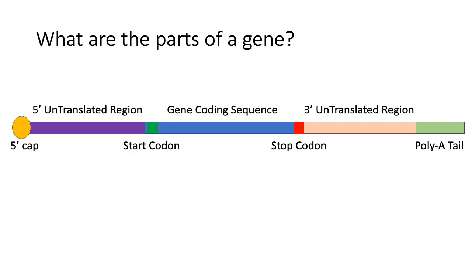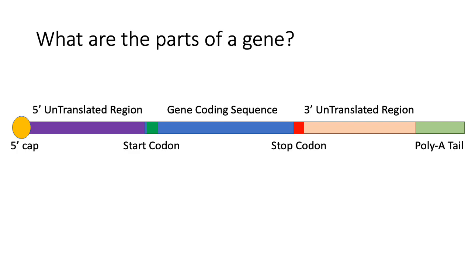And of course, hopefully you see that the 5' untranslated region is called that because it is to the 5' side of the coding sequence. And the 3' untranslated region is called that because it is to the 3' side of the gene coding sequence. Now, an important abbreviation to understand.